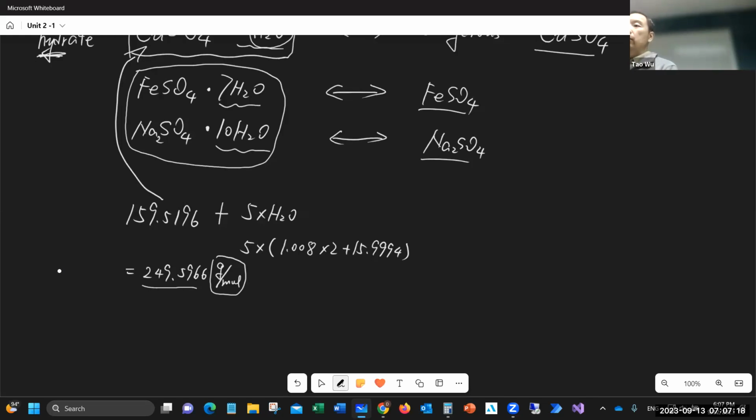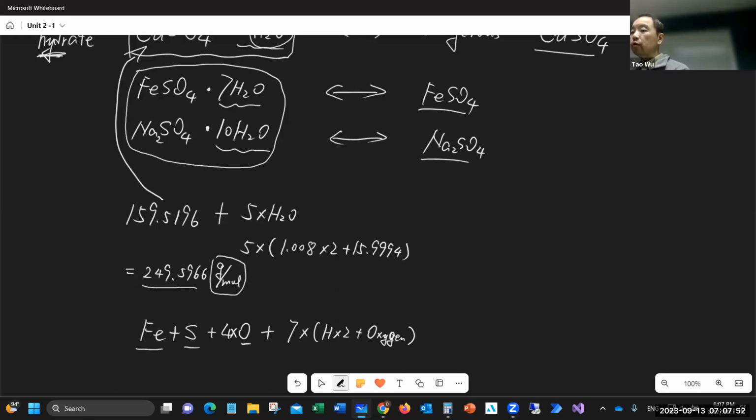Okay, so now, what is the molar mass of this? Again, you have one of the iron, and one of the sulfur plus 4 of the oxygen. And then you add 7 times the water, right? Which is 2 of the hydrogen plus 1 of the oxygen. Okay, so now you replace this with the molar mass of each of those elements, then you will figure out the mass.